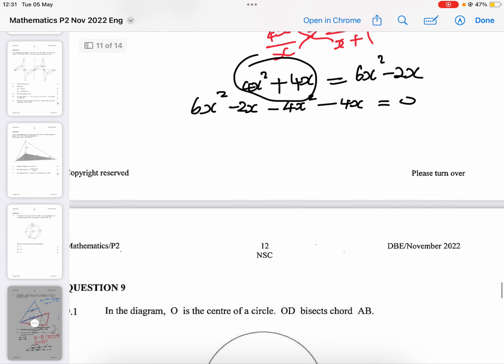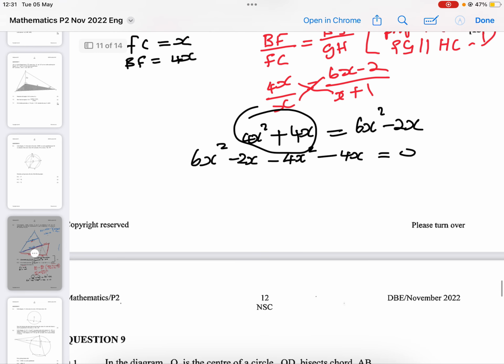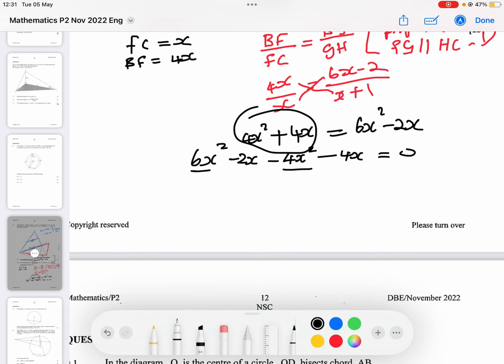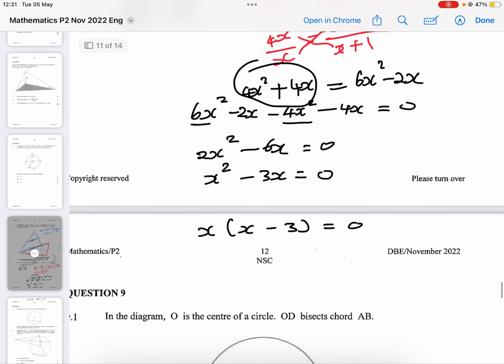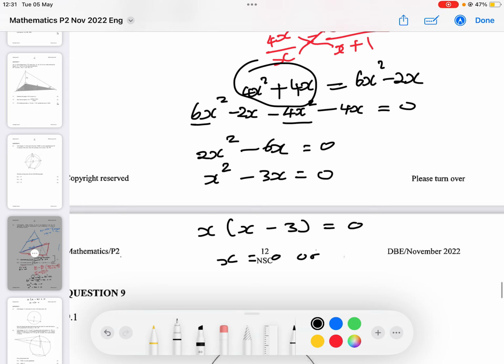Now I make use of like terms. This one minus this one gives me 2x squared. Minus 2 minus 4 is minus 6x, equals 0. Dividing by 2, x squared minus 3x equals 0. Now x is common: x(x minus 3) equals 0. Therefore x equals 0 or x equals 3. So that is the solution. Thank you.